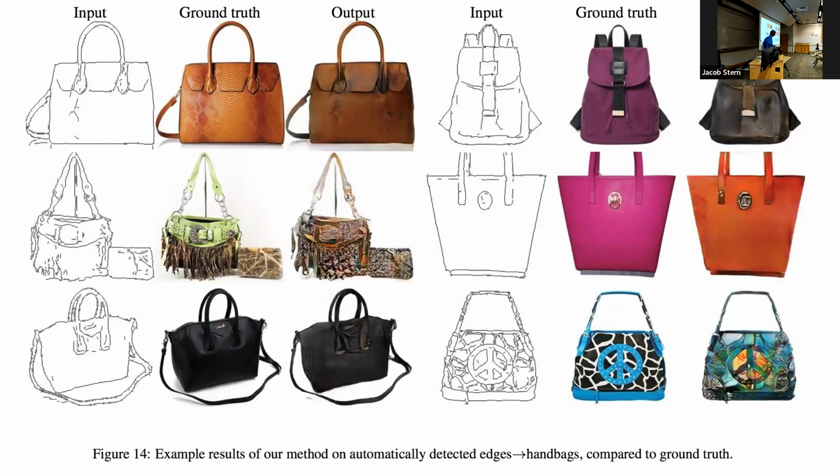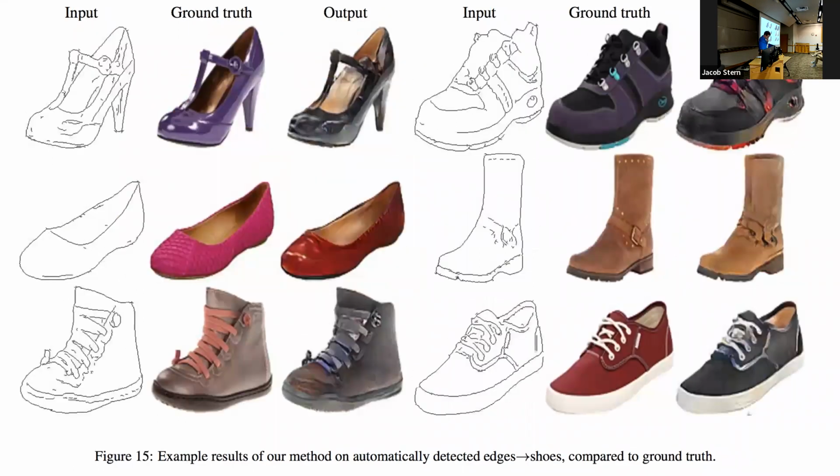Rendering handbags. Kind of amazed how well it did on this one. Kind of impressive. Rendering shoes. So you can start to imagine some of the commercial applications of this. And people are doing this. They are using deep learning to design new products based on sketches or drawings.